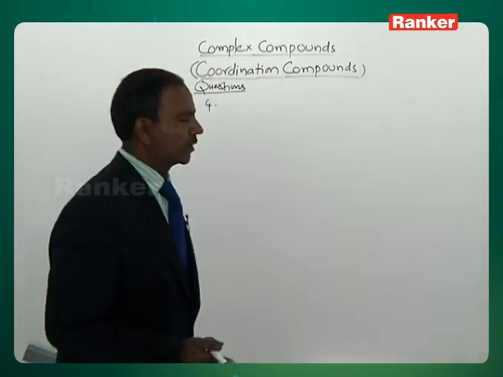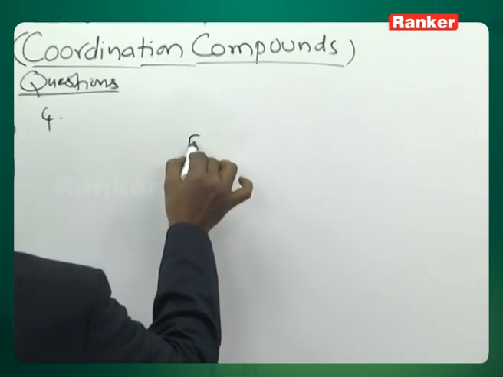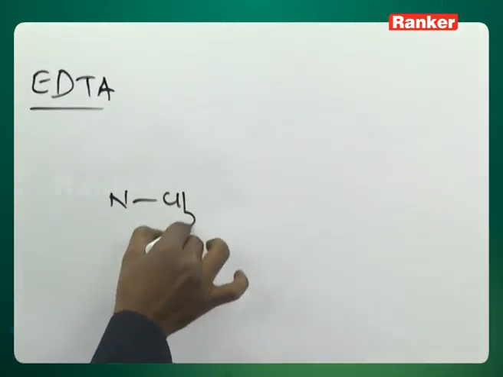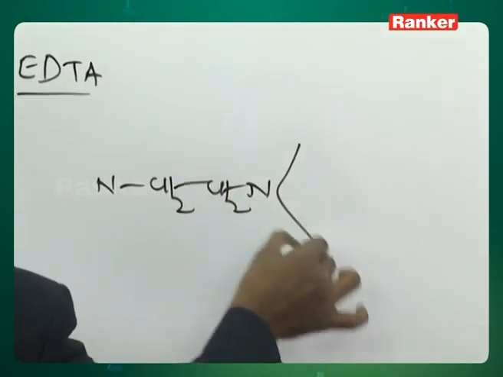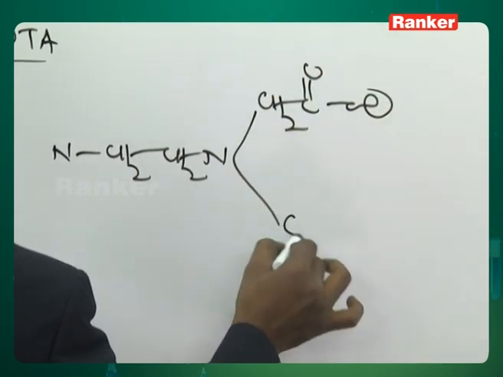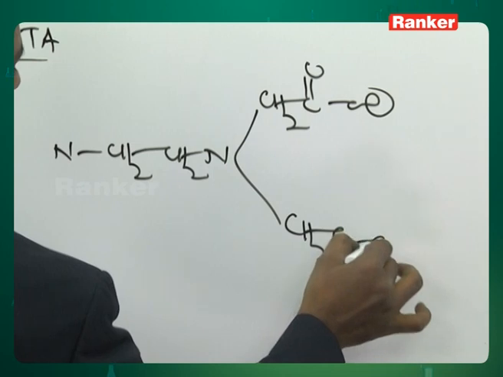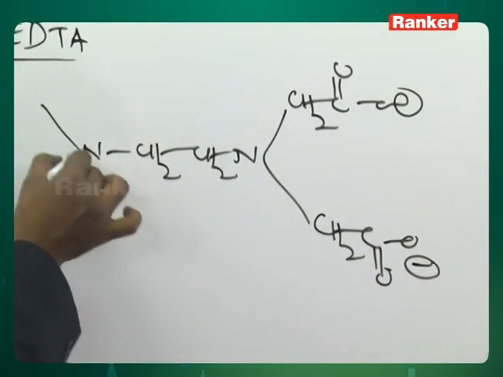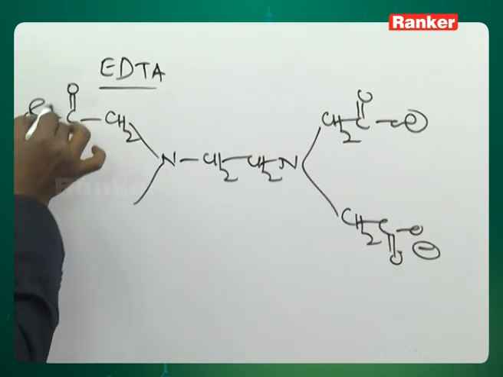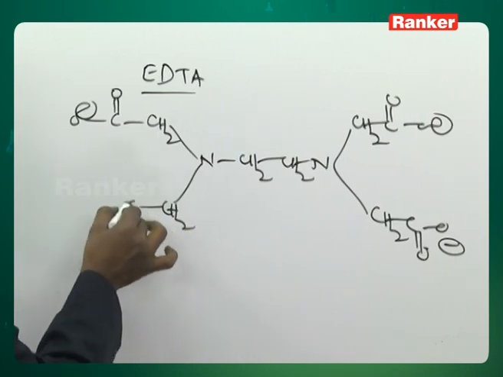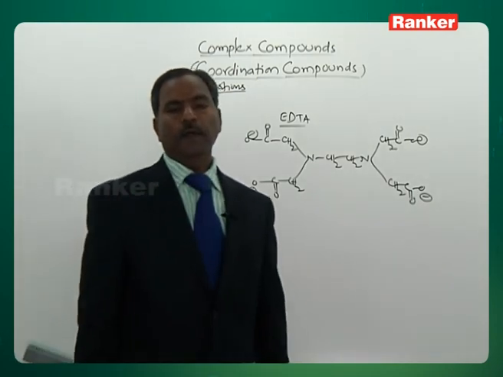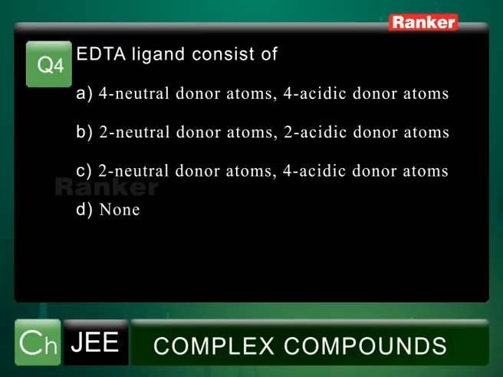Recall the structure of this particular EDTA, ethylenediaminetetraacetato. Option A is 4 neutral donor atoms, 4 acidic donor atoms.